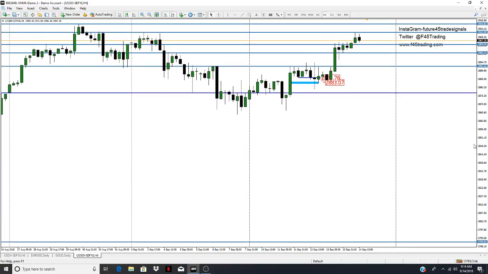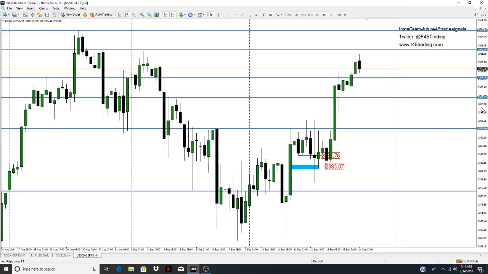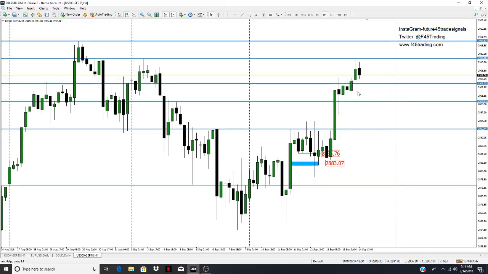So today you could look for some support at this 2905 level if we get down there. It'd be interesting to see if we do that.